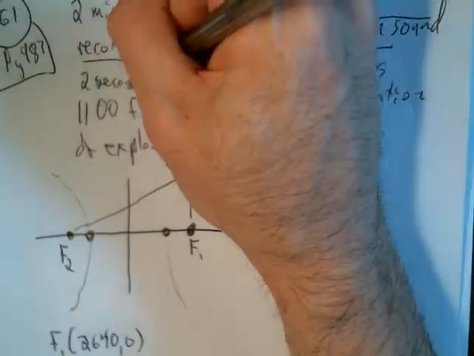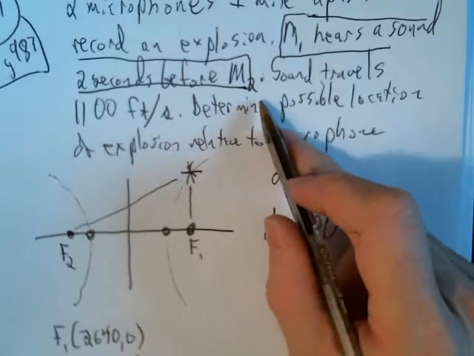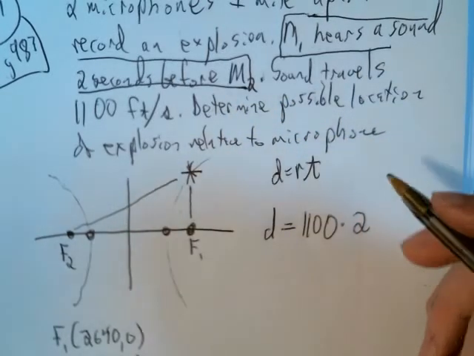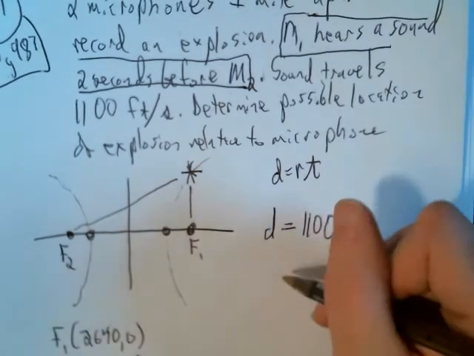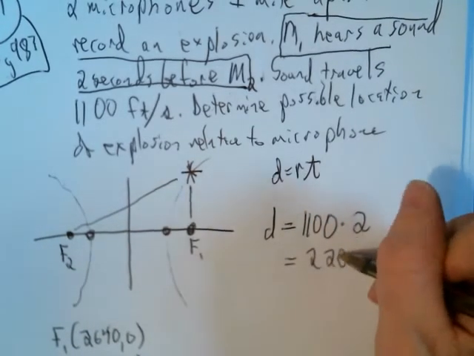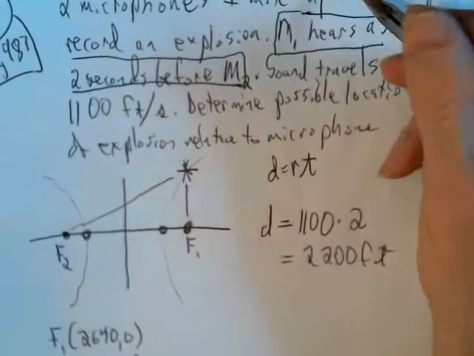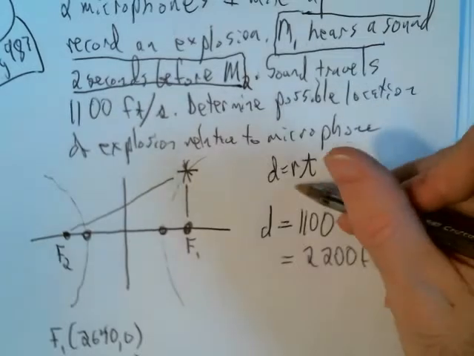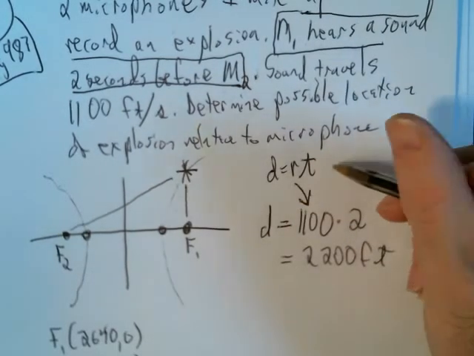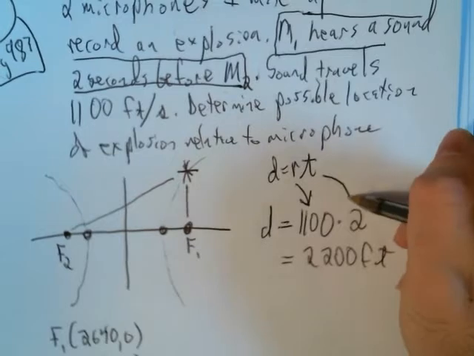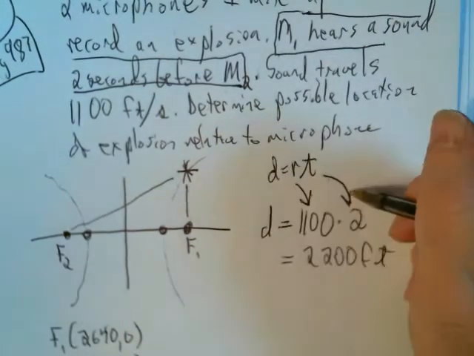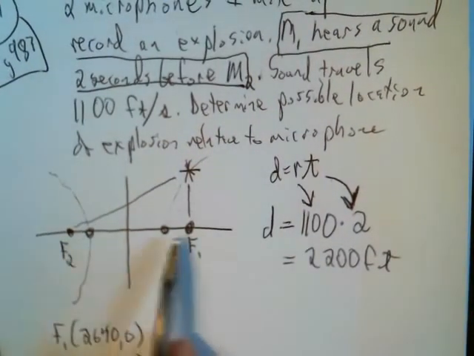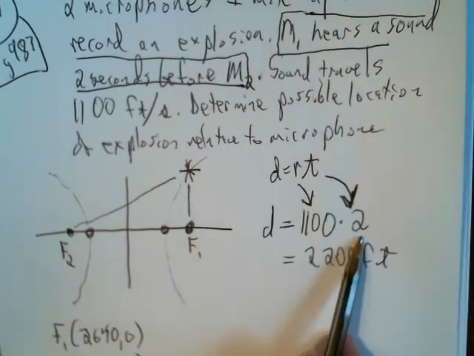So M1 hears a sound 2 seconds before M2, so we're figuring out the distance between M1 and M2. The rate of sound is 1100 feet per second, and the time between the recorded explosion in the two stations is 2 seconds.